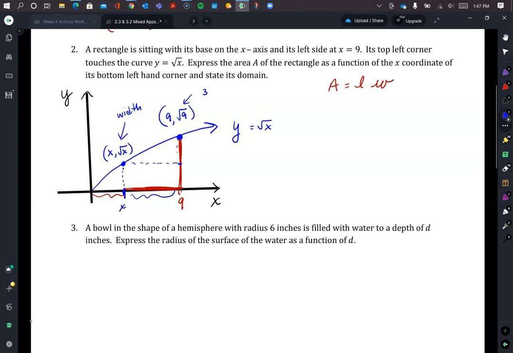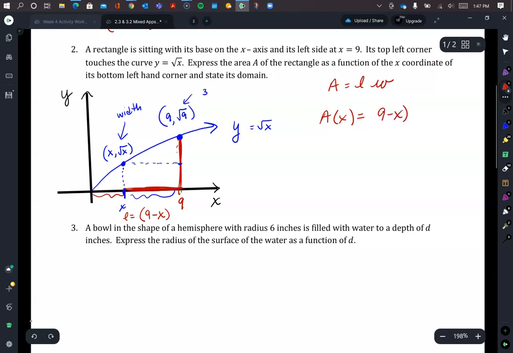So if I can think about what the length is, I'm going to be looking at A of x, and the length here I could represent as 9 minus x is the length of my rectangle, and then the width would be my height here, which would be the square root of x.